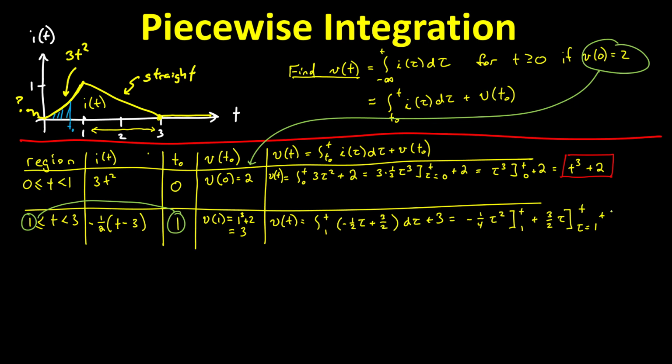And then finally plus 3. So that's a lot of algebra. Let's do it quickly. The first one becomes minus 1/4 t squared. And then from that, I think it might be easier just to evaluate it like this. Now, putting in 1 for tau squared gives us 1. Doing the same thing for the second gives us t minus 1. And doing the same thing for the third part is just plain old plus 3.